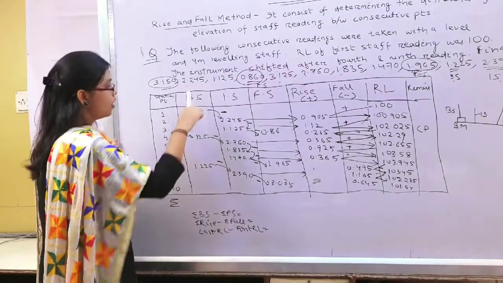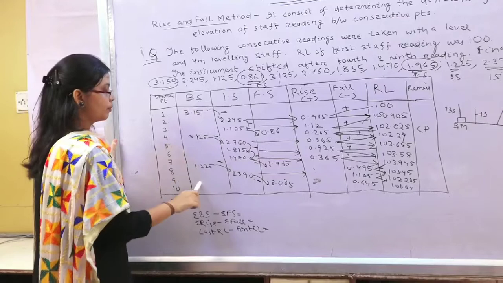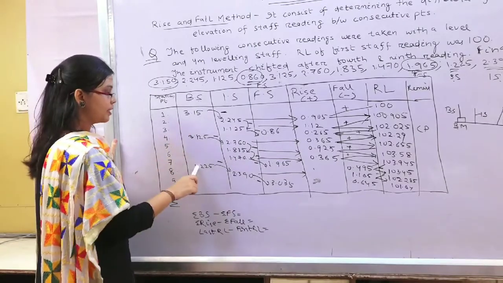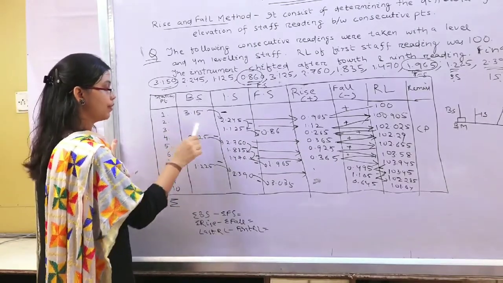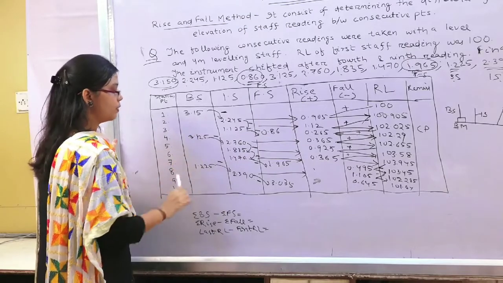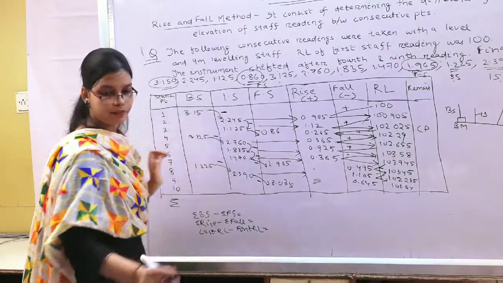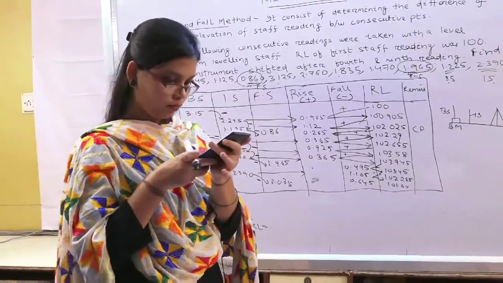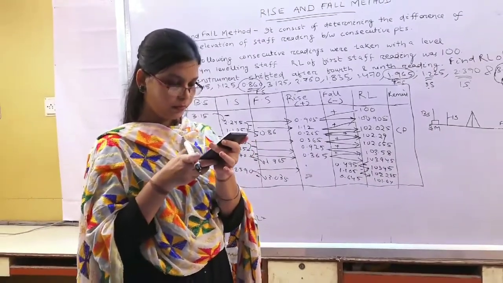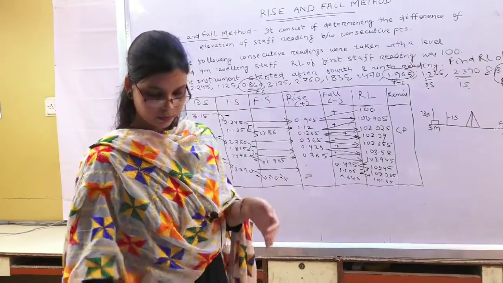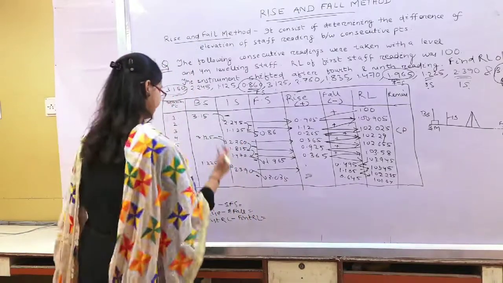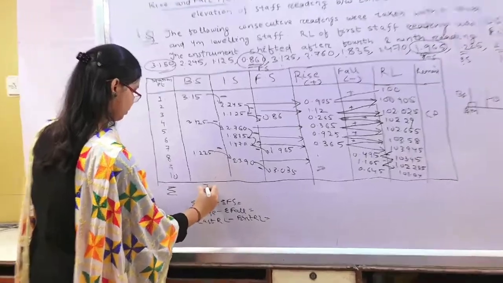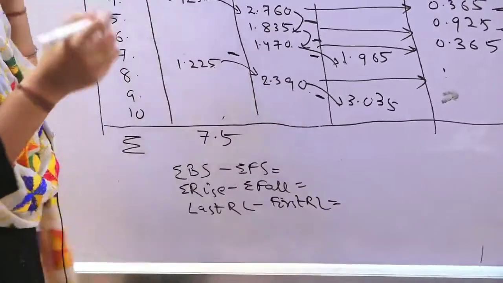Now the summation of all the backside readings: 3.15 plus 3.125 plus 1.225 gives 7.5.